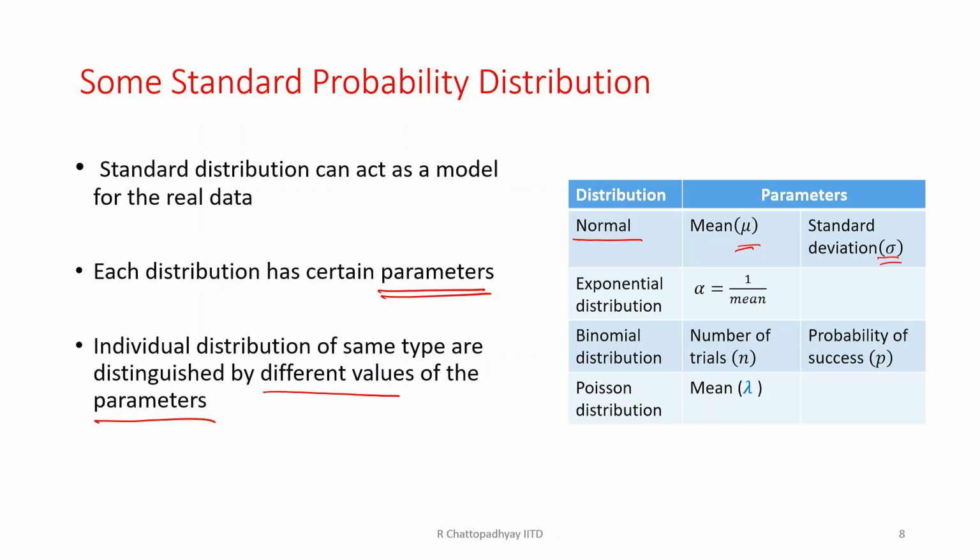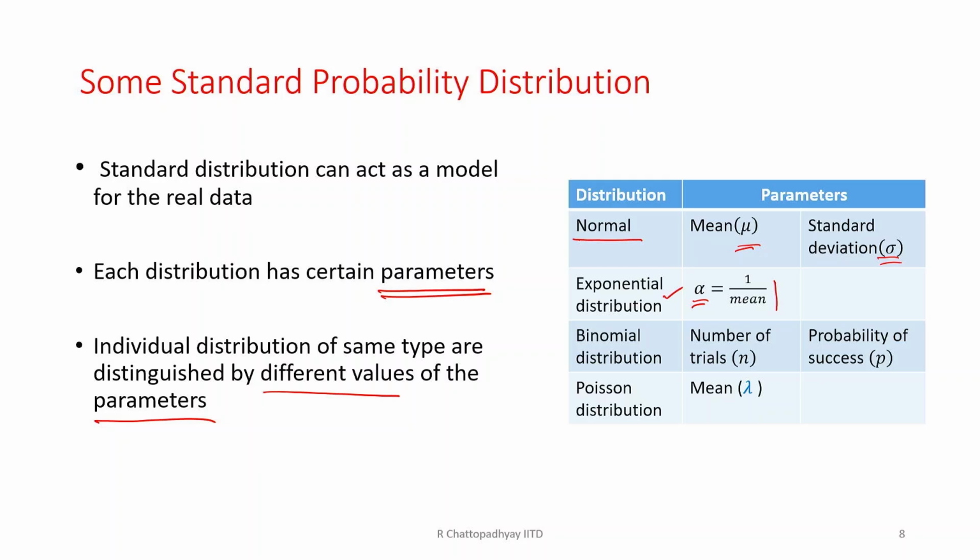There is no limit to the value of mu and no limit to the value of sigma, but only two parameters will describe the normal distribution. For exponential distribution, the parameter is alpha, which is 1 upon mean. It has only one parameter. One parameter will be able to describe the exponential distribution. We don't need the other parameters.